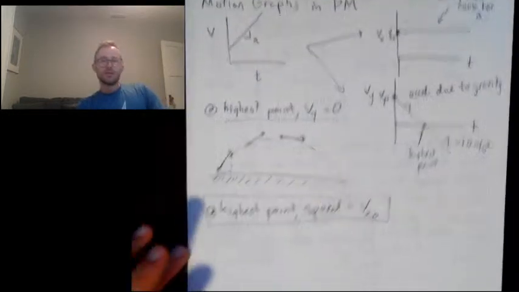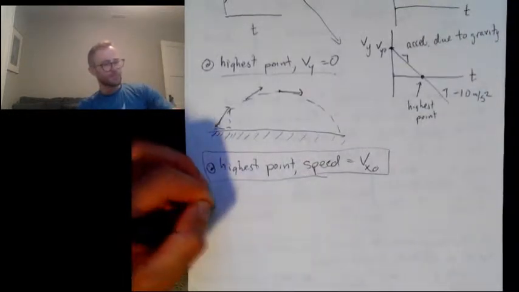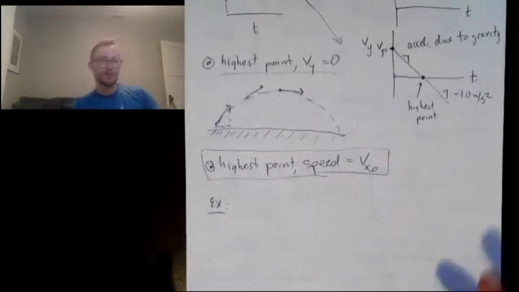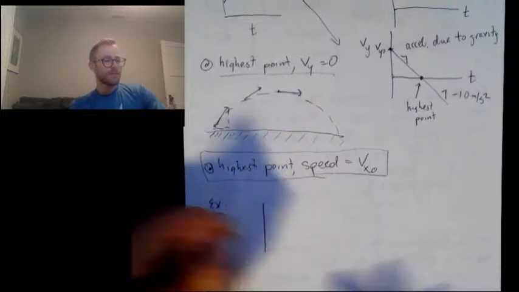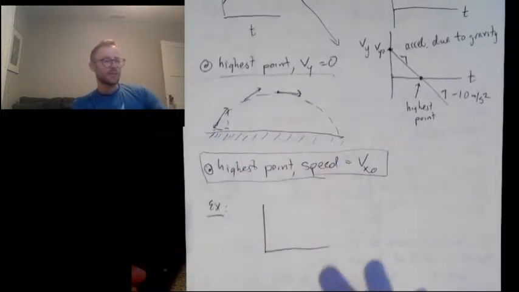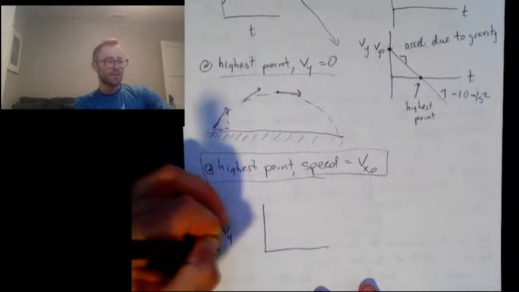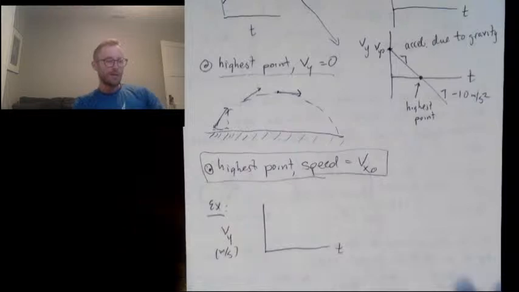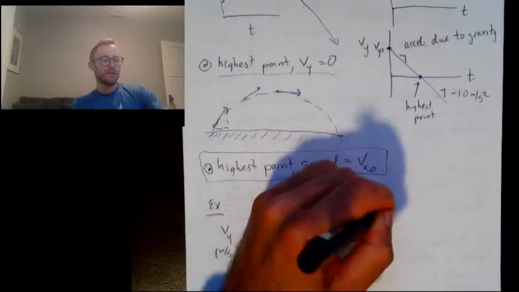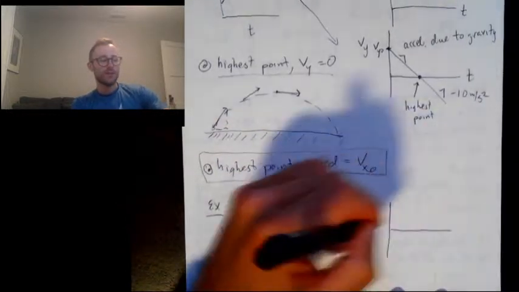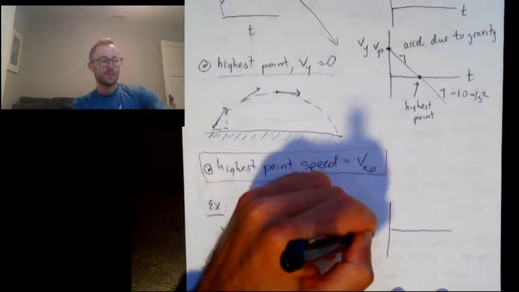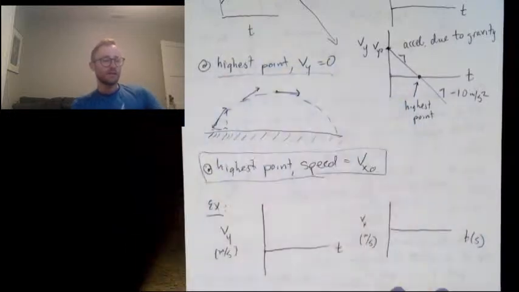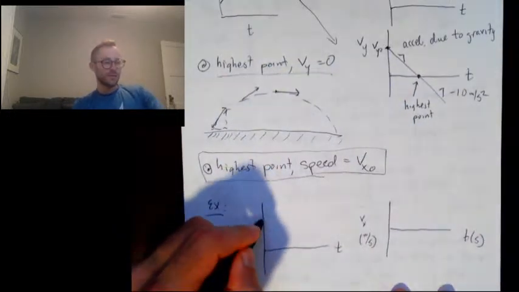Okay, so let's do a little example just to solidify these concepts. So what if we had a Vy graph in meters per second versus time, and we had a Vx graph in meters per second. And so one of these graphs looks like this.